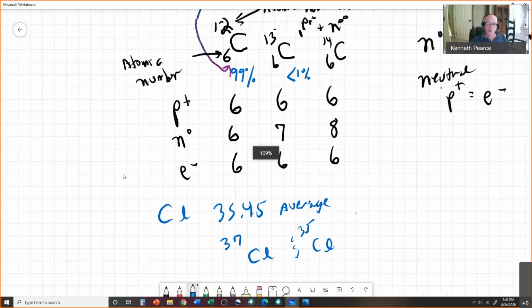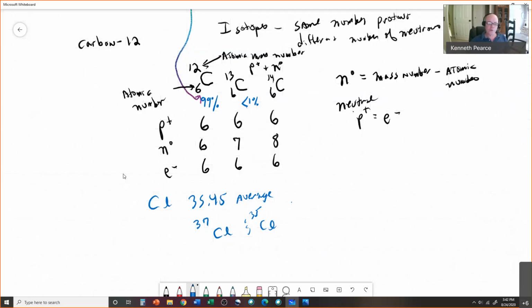It turns out there are two isotopes with chlorine, and some elements have 4 naturally occurring isotopes. Some elements have only one. Fluorine, letter F, for instance, has one naturally occurring isotope. Isotope just means the same number of protons but a different number of neutrons.